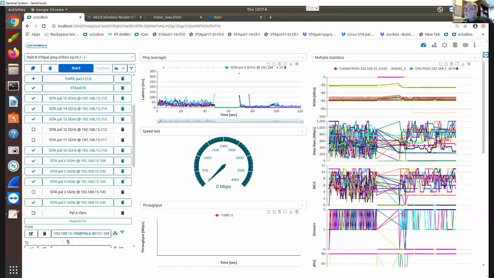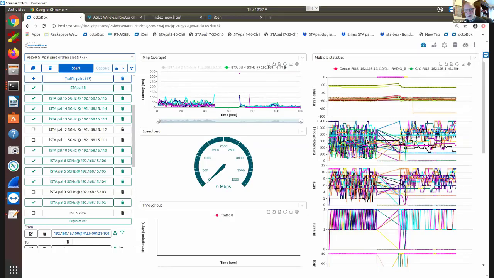Actually, there are a couple of interesting things to take a look at in comparing this on and off. If you look at things like the MCS and the data rate and so on, it's pretty much a mess with OFDMA off in the first half of this graph here.